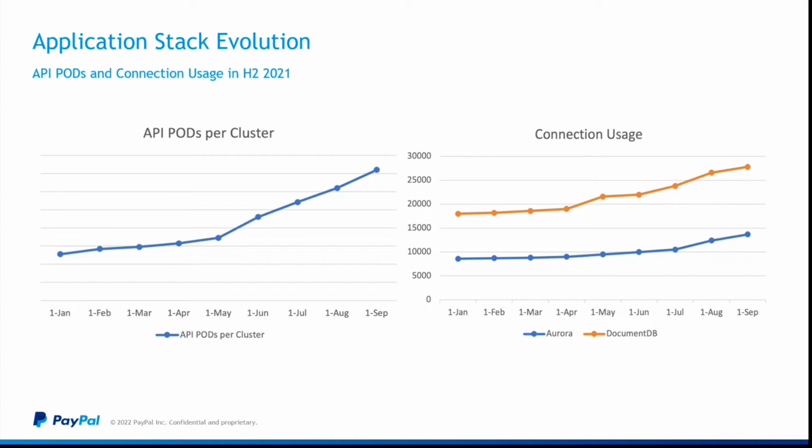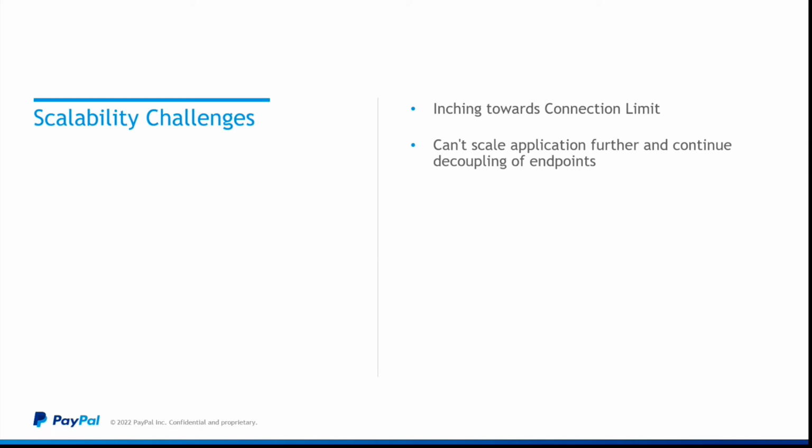Now let's talk about some scalability challenges that we ran into because of various reasons that we talked about before, like the one I mentioned, running into the connection limit for both Aurora and DocumentDB. What brings that up is that for any high velocity event that we may have down the line, towards the end of the year, something like Black Friday for e-commerce companies, we also have certain days where we have comparatively high traffic, and we need to scale our platform accordingly, and thus we'll be creating more connections.